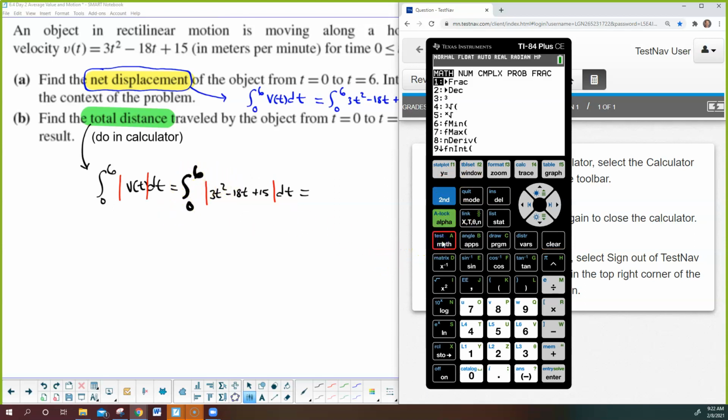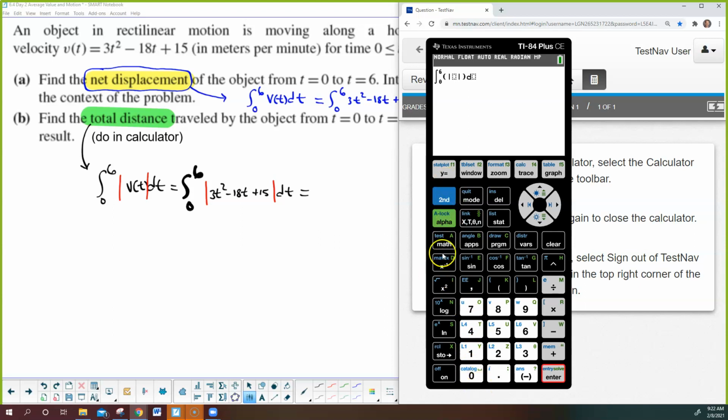So I'm going to put math, option 9, from 0 to 6. And then I need the absolute value, and there's two ways to do it. Some people like to go second catalog, and notice it's the very first option. So I'll just hit enter. So that again was second catalog, the 0 button.